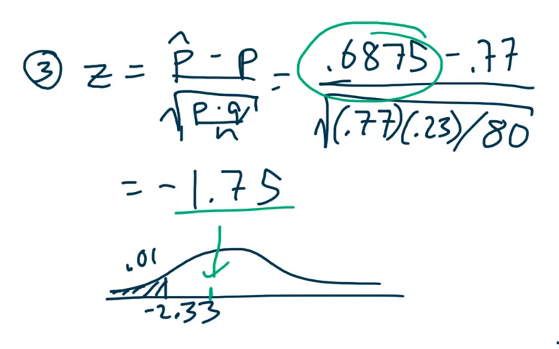It seems like the evidence contradicts what we're saying. So even though our z value, our test statistic, is negative, see, there's 0, and here's our test statistic. It's not negative enough. It's not way over here in this rejection region that would cause us to say that the true proportion is significantly less than 77%.